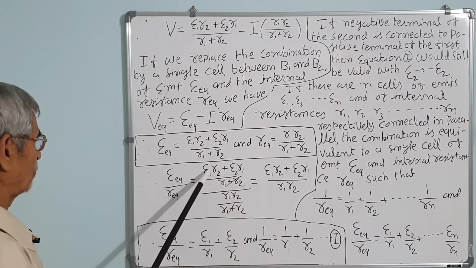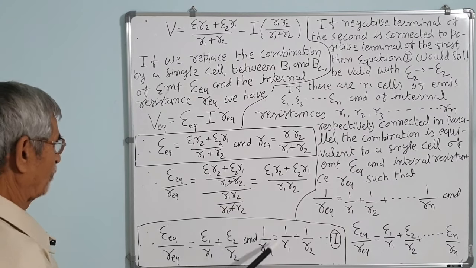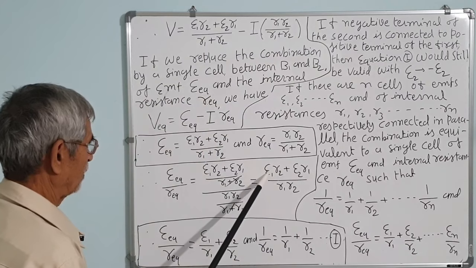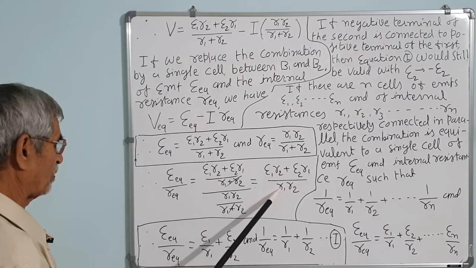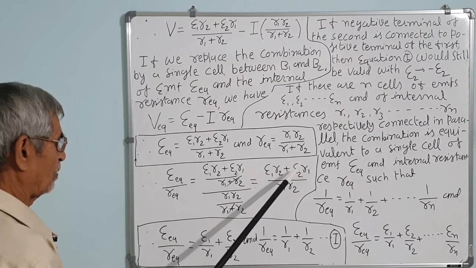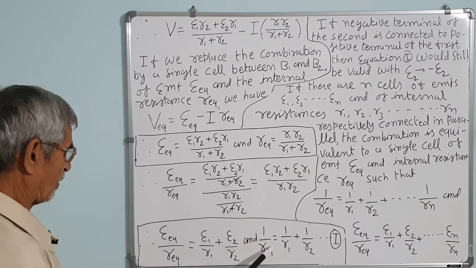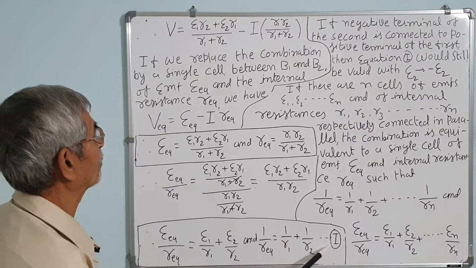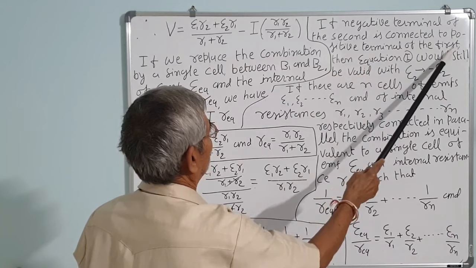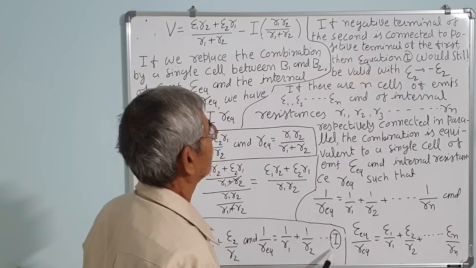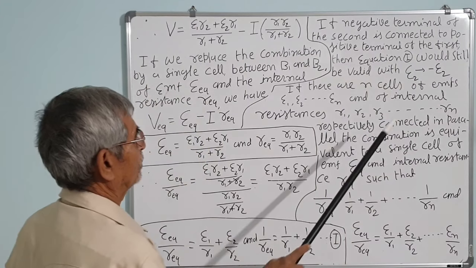This cancels, so it is (E1 R2 + E2 R1)/(R1 R2), which simplifies to E1/R1 + E2/R2. So E equivalent/R equivalent = E1/R1 + E2/R2, and 1/R equivalent = 1/R1 + 1/R2, equation number 1. If the negative terminal of the second cell is connected to the positive terminal of the first, equation 1 is still valid with E2 replaced by -E2.